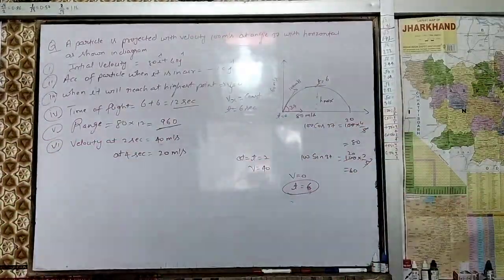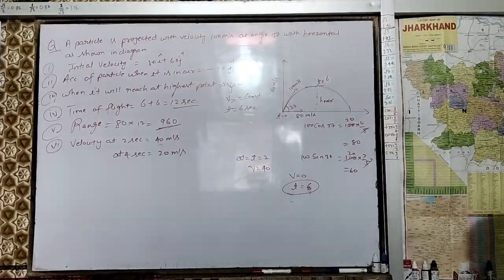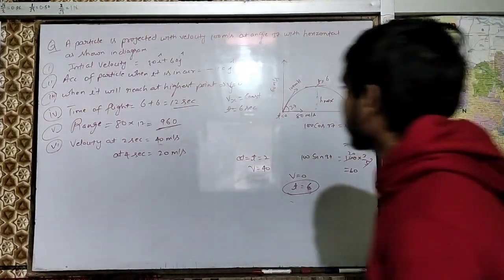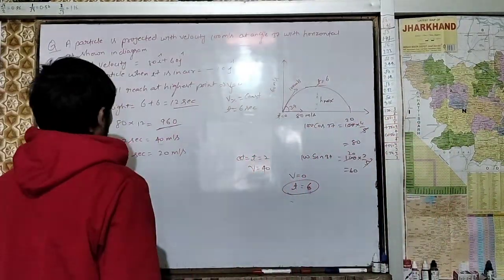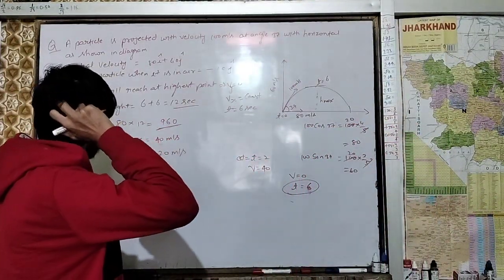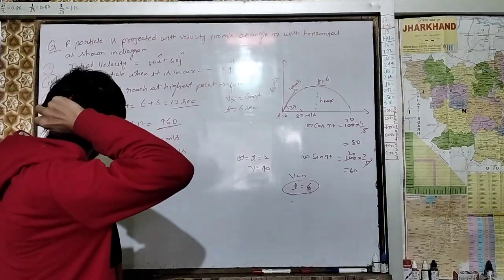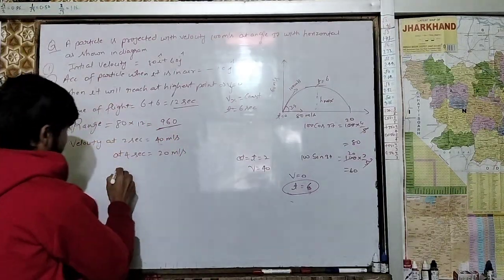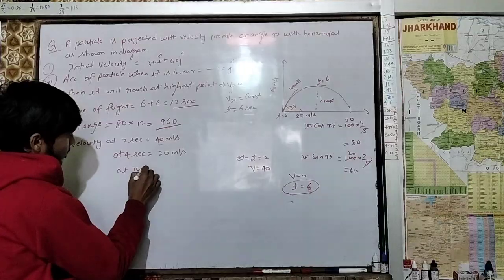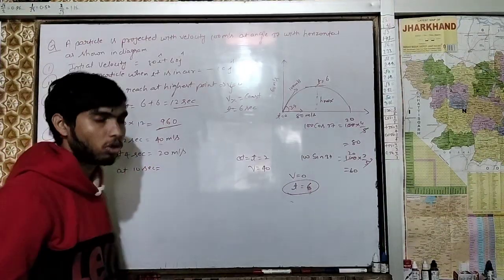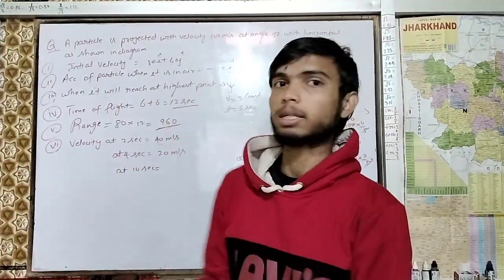At 0 second, velocity is going to be 60. At 1 second, velocity is going to be 50. At 10 second, acceleration is going to be 10 multiplied by 10, 100.